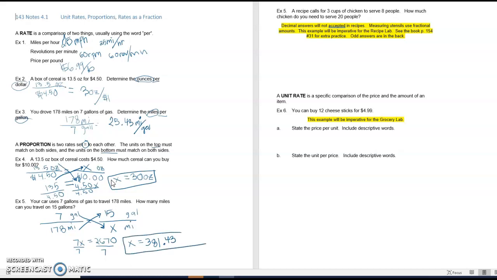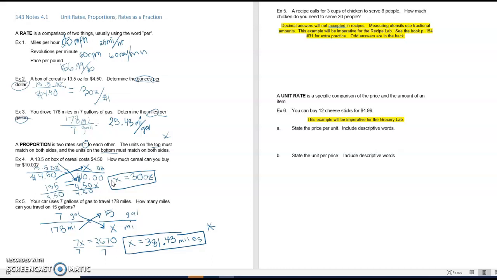Oops, I forgot to put my word. Let me leave myself some space. And make sure you are rounding correctly. This is very, very important that you learn how to round correctly. So what word goes here? Is this miles or is this gallons? This is miles. So 381 miles, 381.43 miles.